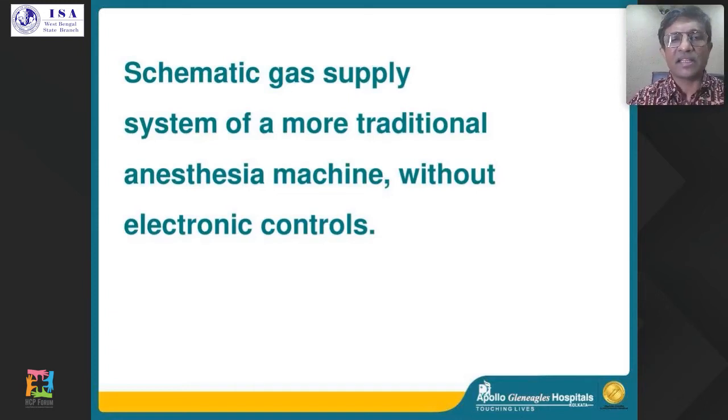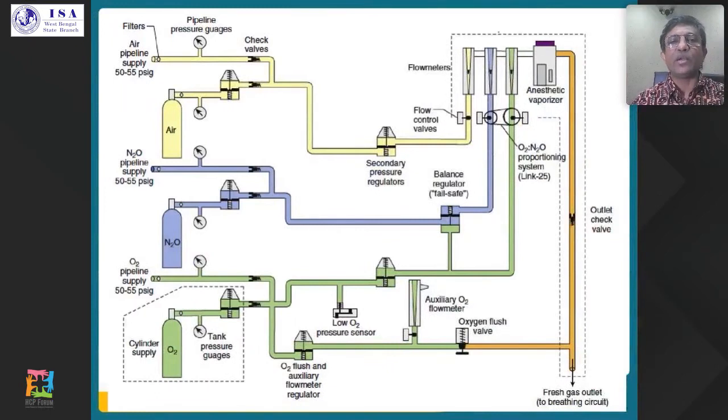The first is the more traditional anesthesia machine without electronic controls, which essentially has the flow meters and the flow knobs. If you look at the left hand side of the screen, this is where the gases are coming in, either through the cylinder or through the central pipelines, and the pressures are coming down through the high pressure regulators.